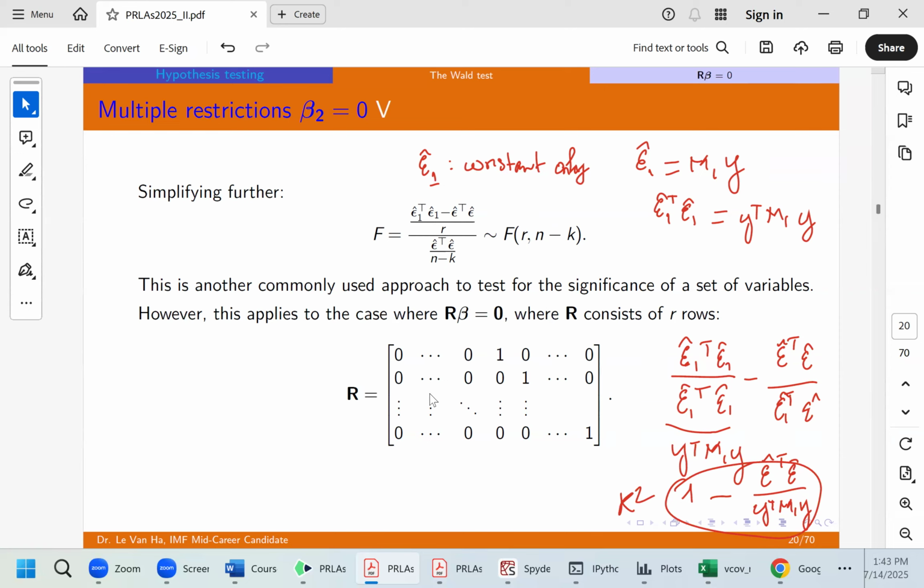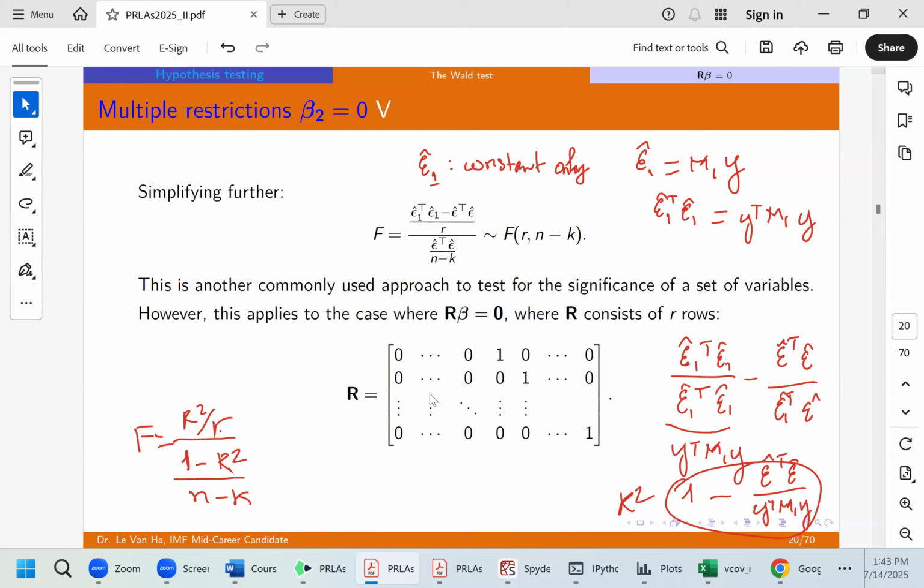Okay, so F will be equal to R square over r, divided by, over here you would have 1 minus the R square divided by n minus k.